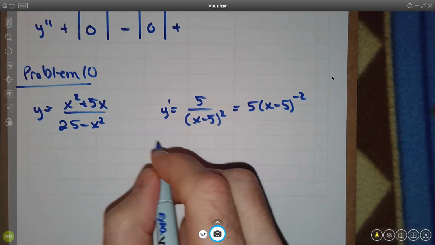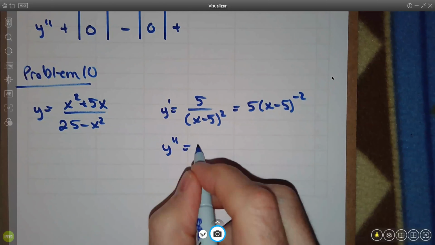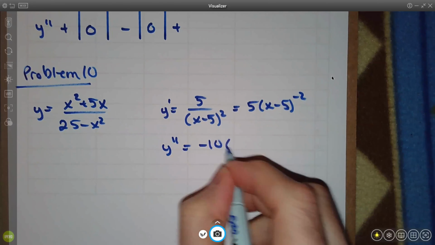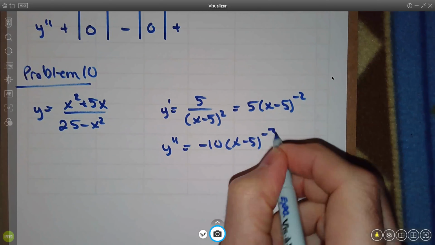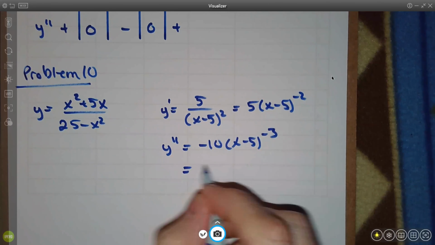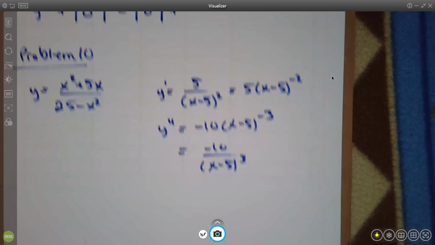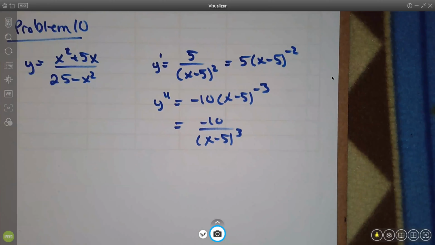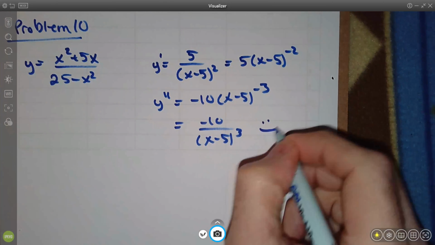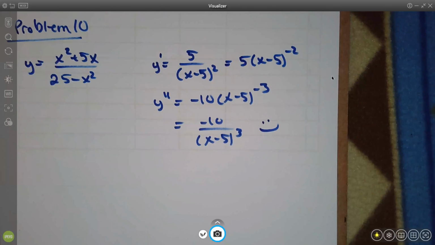So y double prime would be negative 10 x minus 5 to the negative third power, which is negative 10 over x minus 5 cubed. So a lot nicer than the quotient rule. Wouldn't you agree, AC? I agree.